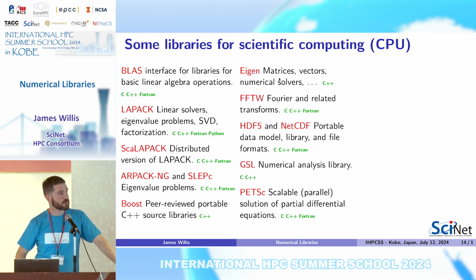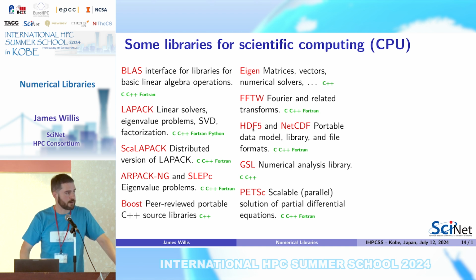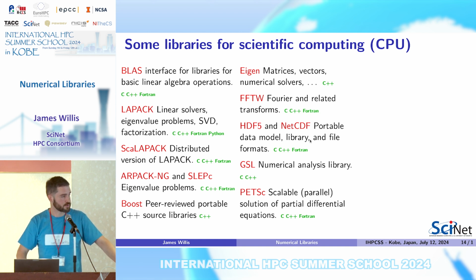Then we have Eigen, which can be used for matrices and vector operations. And then quite a common one is FFTW, which is the Fastest Fourier Transform in the West. This is I think the de facto fastest FFT library to use. Then we have our file format libraries, such as HDF5 and NetCDF. These are portable across architectures, and they set your output files in a common format, so multiple file readers can read them.